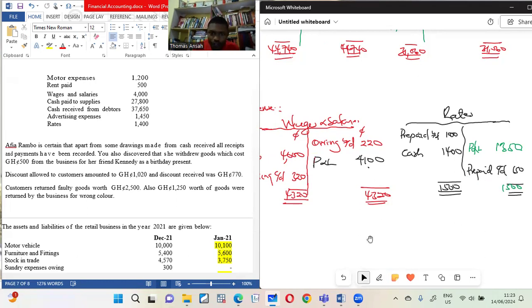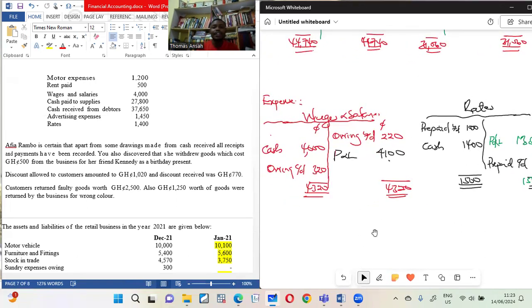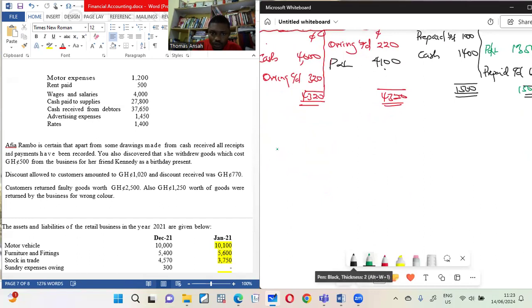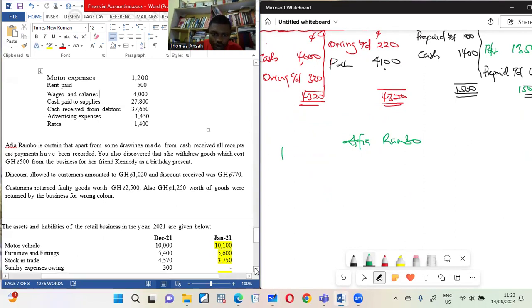Okay. So we've done all these things. Then it means that the next thing is to prepare our income statement. So that is our step 4. So we are preparing, we have who? Ama Rambo. Income statement, because that's the requirement of the question.